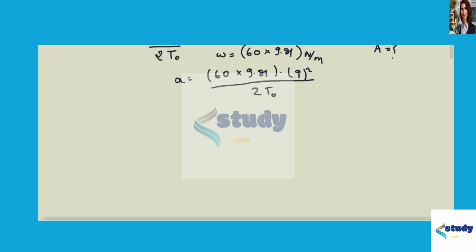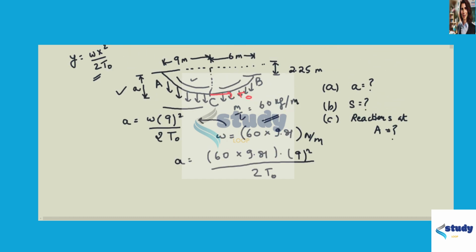Let's write the same equation for the other part of the cable. For this part, the height would be a minus 2.25, as you can see.